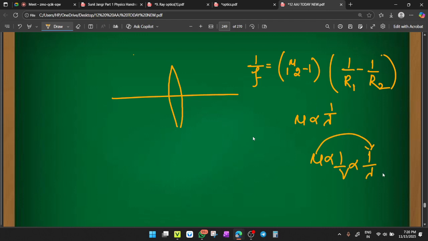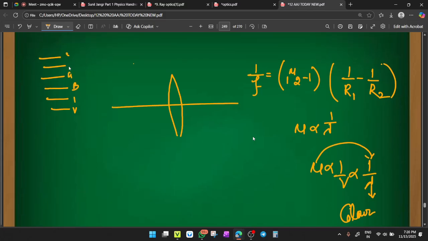Clear? For different colors, lambda refers to the color. You know white light is made up of 7 colors, with the spectrum named VIBGYOR. Each of the 7 colors has its respective wavelength.